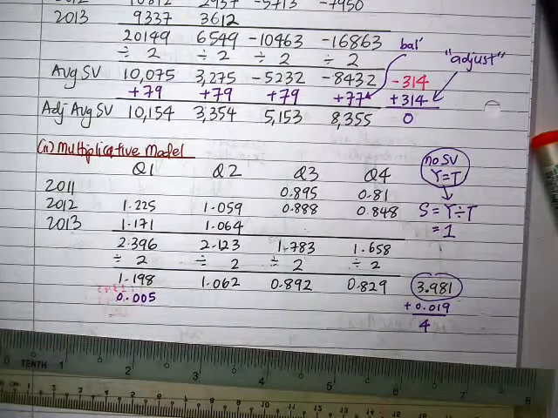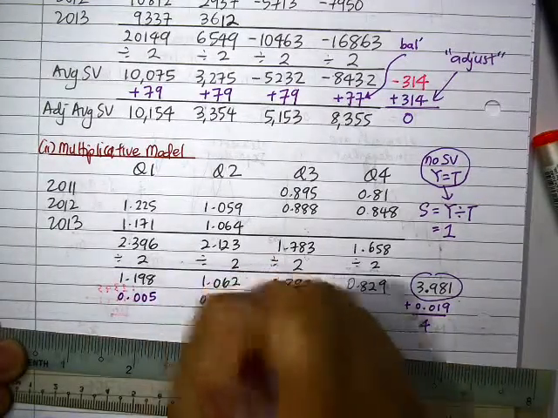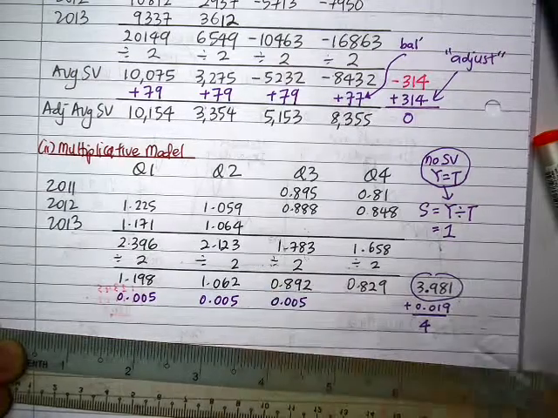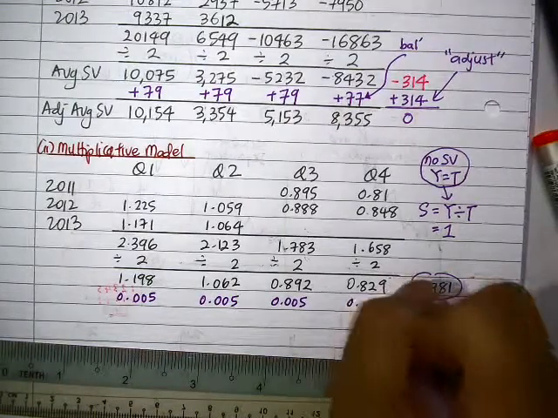I have to round it because it's 0.00475. So we take 0.005, 0.005, 0.005, and again my last figure is rounding, balancing. So the balancing will be 0.0.